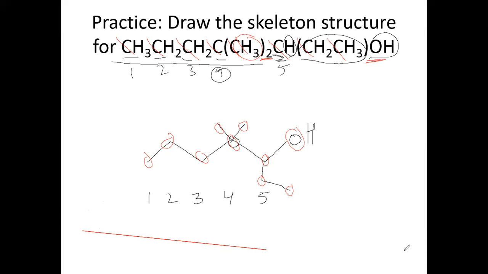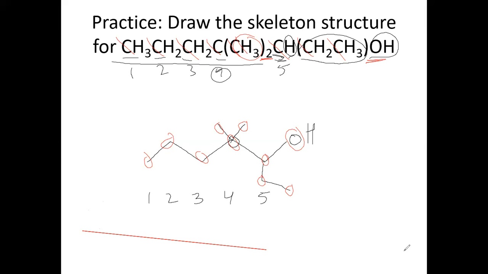Yeah, so when you're thinking about this, always draw the main chain first, meaning look for the carbons that are not in a parenthesis, right? You're just looking at those carbons in that straight chain, and that's what we drew first. And then you start adding in everything else, right?